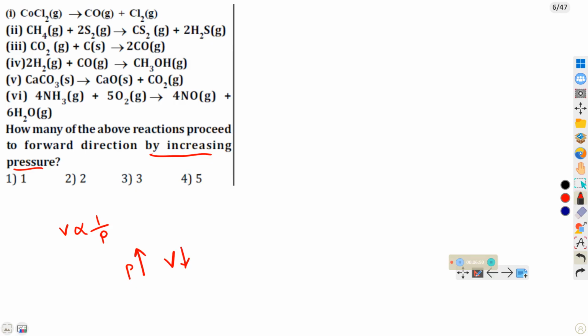See the first equation. 1 mole of reactant is converted to 2 moles of gaseous products. That means here volume increases, low pressure favors.